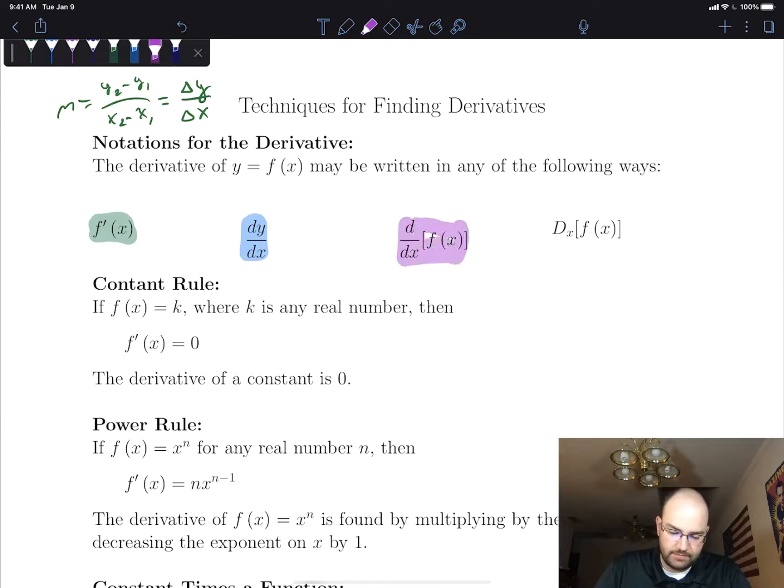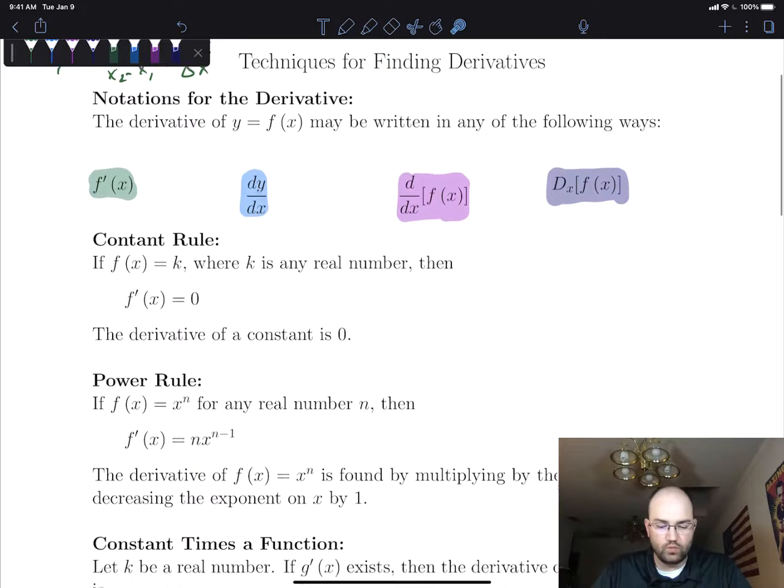So that's a third way. Now, a fourth way of looking at this is just kind of weird. The capital D just means derivative, and the subscript is just with respect to what variable, and this is telling us what function to do that to. So D sub x of f of x. So there you go. Those are just different ways of writing down the derivative.